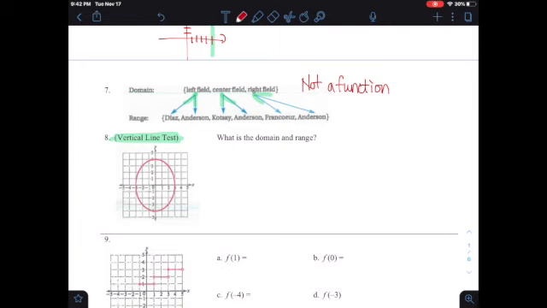Only vertical lines, that means up and down. If I draw that line up and down and it hits the graph at more than one place, in this case right here and right here, that means it failed the vertical line test. So therefore, this is not a function.